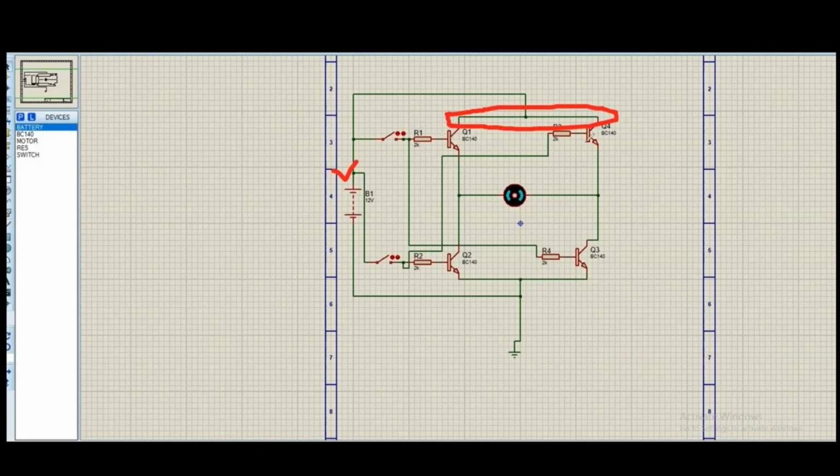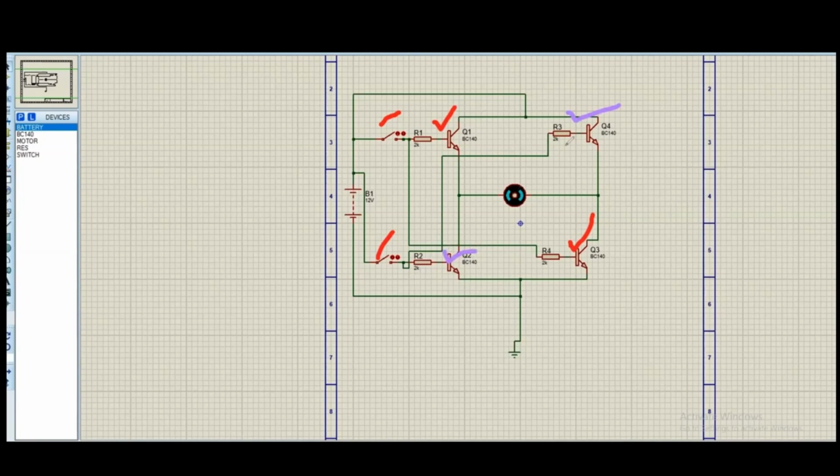The bases of the four transistors are connected to these switches. Two of the transistors' bases are connected to one switch, and the other two are connected to the other switch.